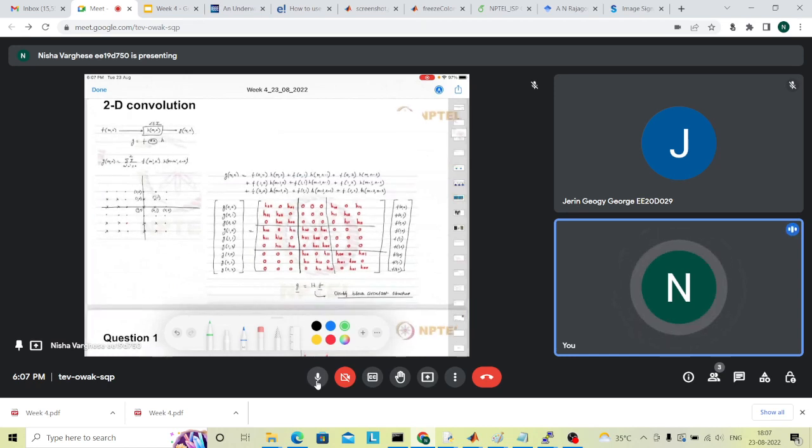Okay, so in 2D convolution, unlike the case of 1D convolution, we have a 2D input here, f of mn, and it will be passed through a system h of mn to get an output g of mn, where h of mn is the lens impulse response.